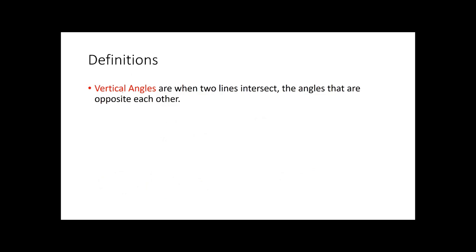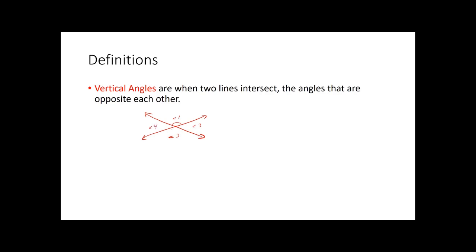All right, definitions. Vertical angles are when two lines intersect, the angles that are opposite each other. So basically, here's our two lines intersecting each other. They're crossing one another. You could try this with almost anything in the real world. Let's say angle 1 is here, angle 2 is here, angle 3 is here, and angle 4 is over here.